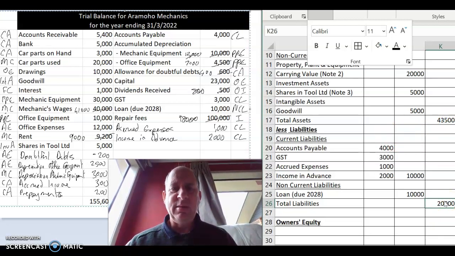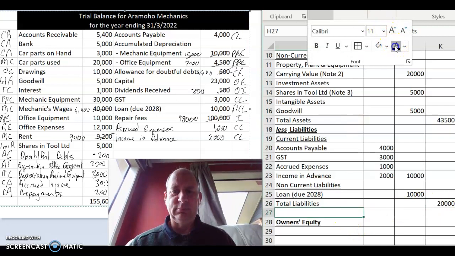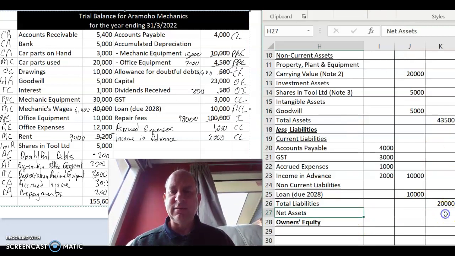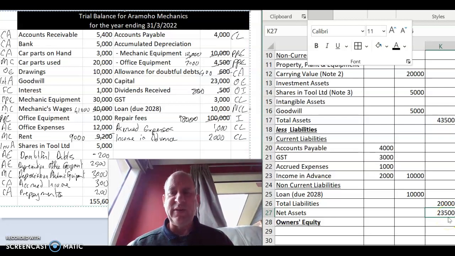Total assets minus total liabilities. That's called net assets. So if we've got everything that we own, assets, minus everything that we owe, liabilities, that gives us the valuation of the business. Granted, it's a cost valuation, but it is a good indication of the worth of the business.